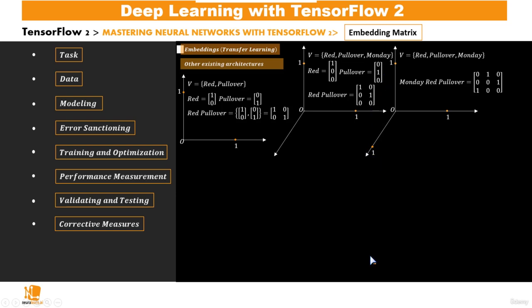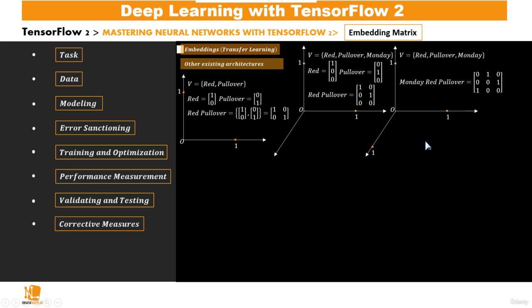And apart from passing such large matrices into our models, this data in this form is very sparse. As we could see from these different plots, read, pullover, and say Monday do not convey any extra information apart from the fact that they are just tokens getting into a model.